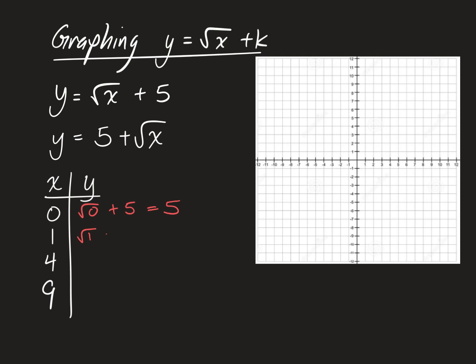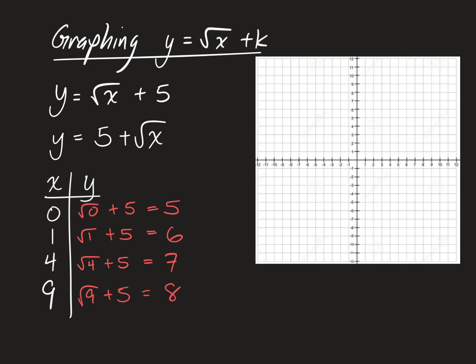The next value 1, the square root of 1 is 1, plus 5 will give you 6. The next one, square root of 4 plus 5, the square root of 4 is 2, plus 5 is 7. And finally, we will have 9 substituted in for x up here. The square root of 9 plus 5 is 3 plus 5, which is 8.